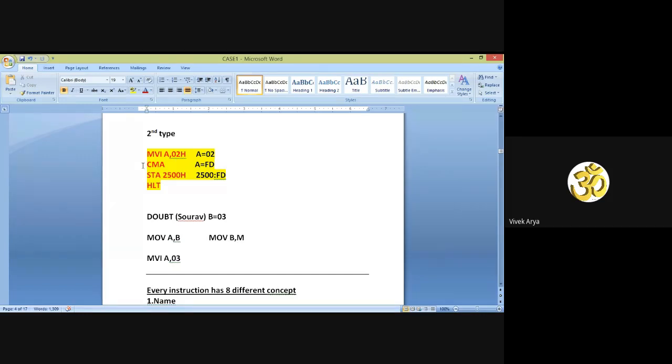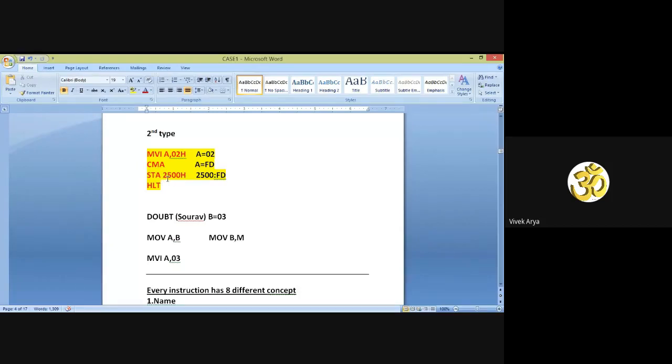After execution of the CMA instruction, the one's complement of 02 is FD. Yes sir. The third instruction is STA 2500H.